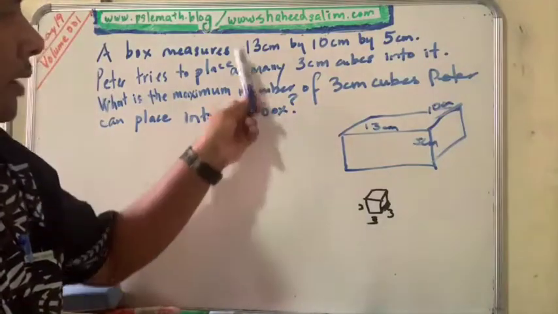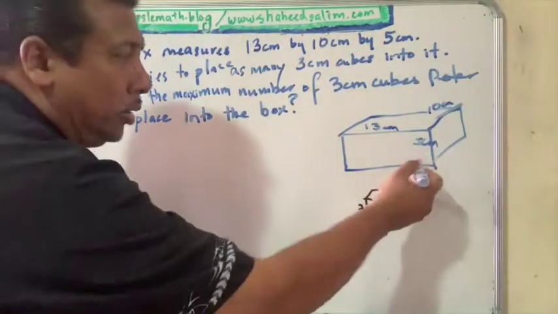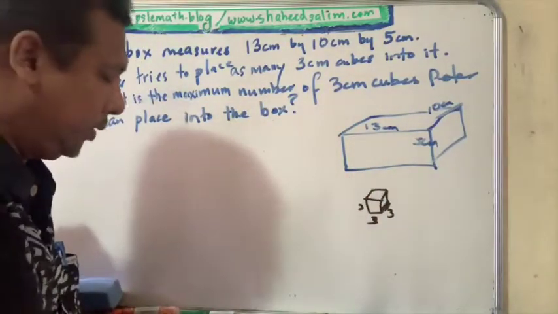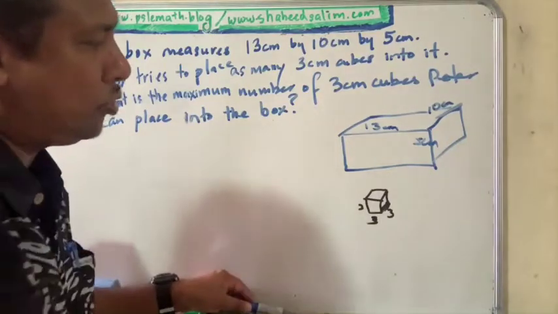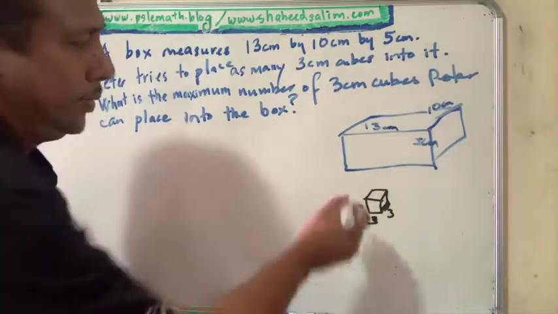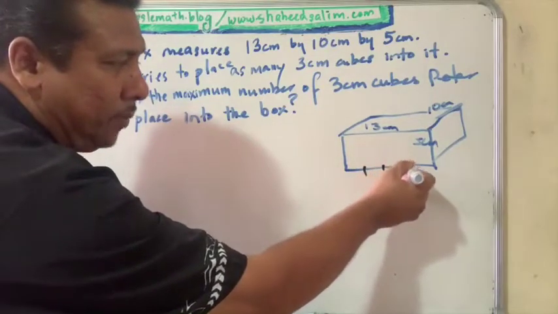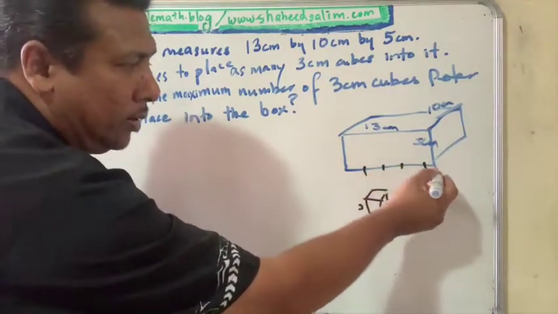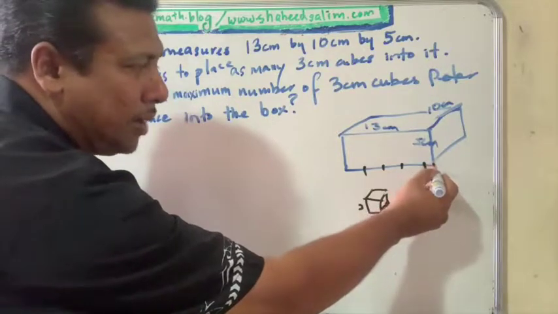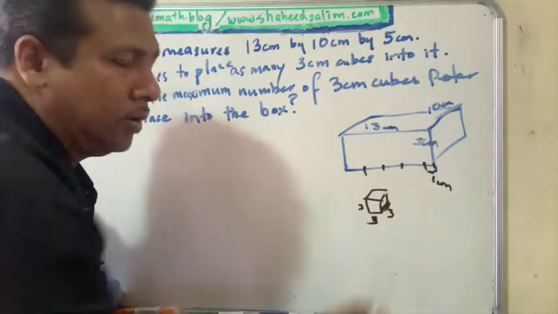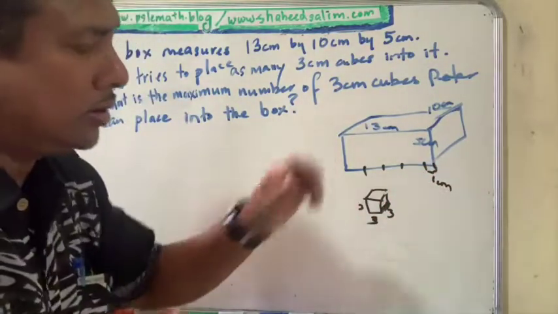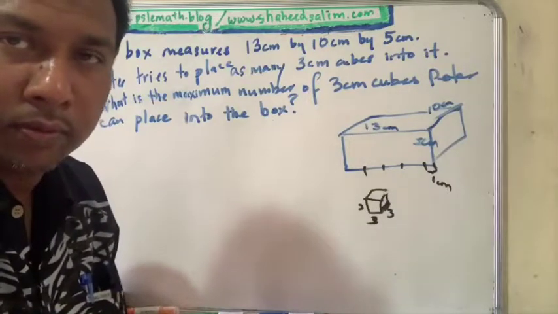You see, the length is 13. From here to here is 13 cm, right? So let's see, how many 3 cm can you fit into here? This is 3 cm, this is 6 cm, this is 9 cm, this is 12 cm. 12 cm is 1 cm short of 13 cm, right?